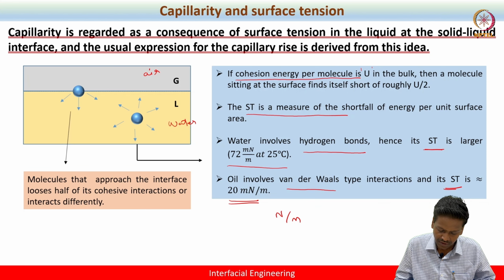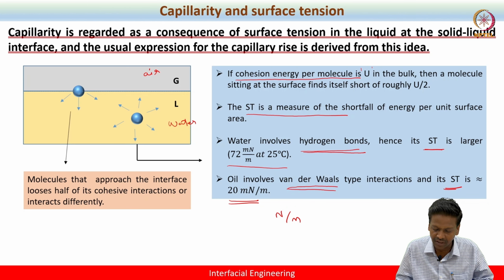In the case of the air-water interface, there is a significant increase in surface tension. It is because of the hydrogen bond interaction, right? Whereas in the case of the water-oil interface system, it is because of the Van der Waals type interactions.